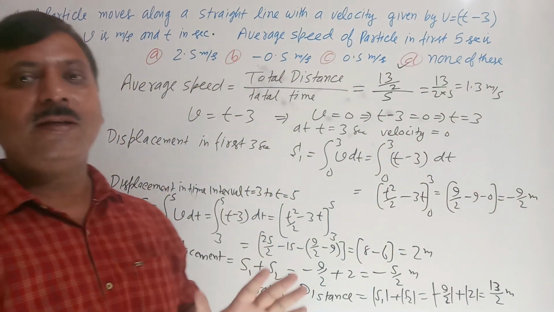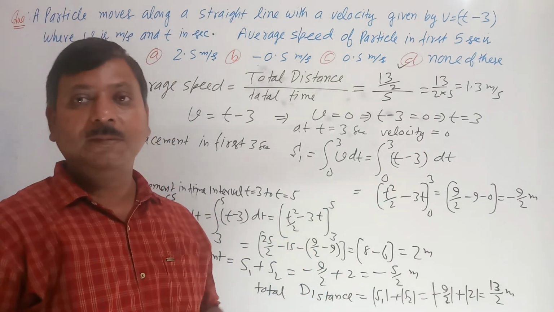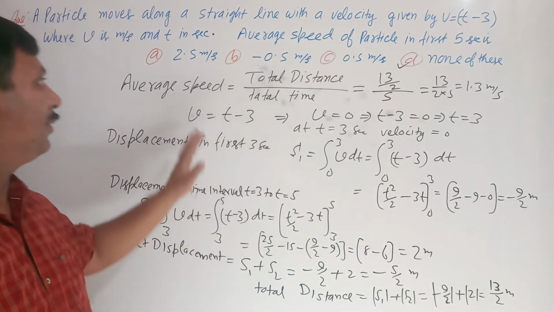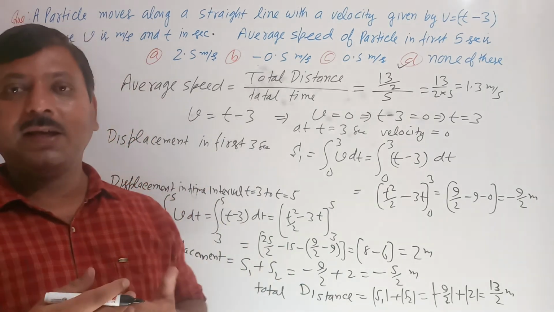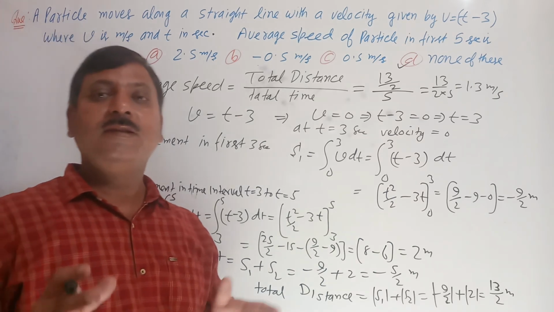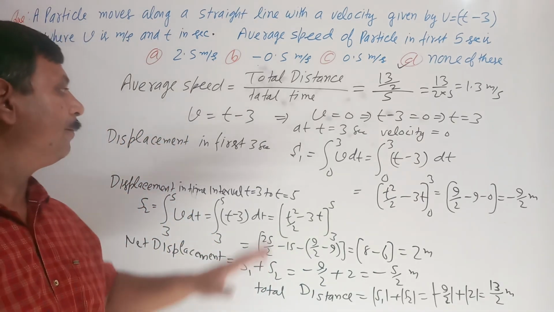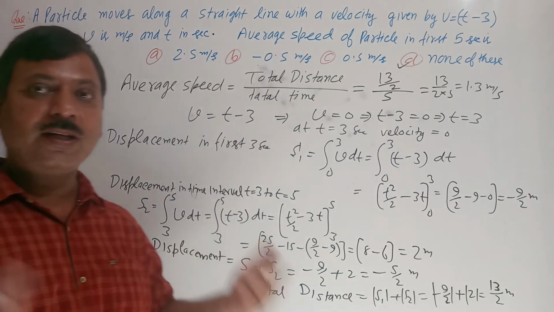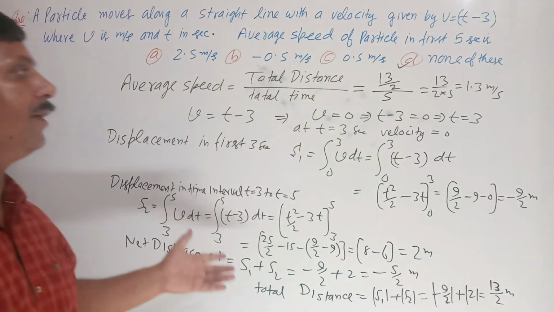So remember one thing, displacement can be negative, displacement can be positive, displacement can be zero, but for a moving body distance can never be zero, it will always be positive. When we have to take distance, we have to take the modulus form of displacement.